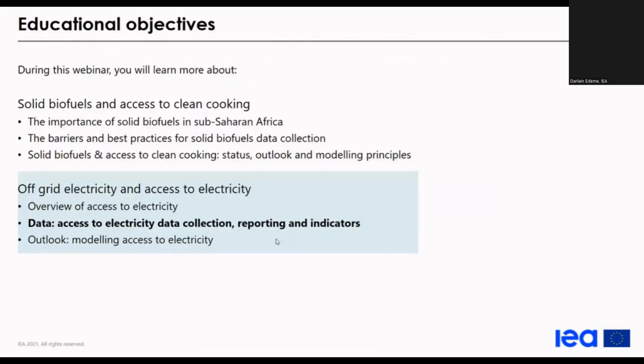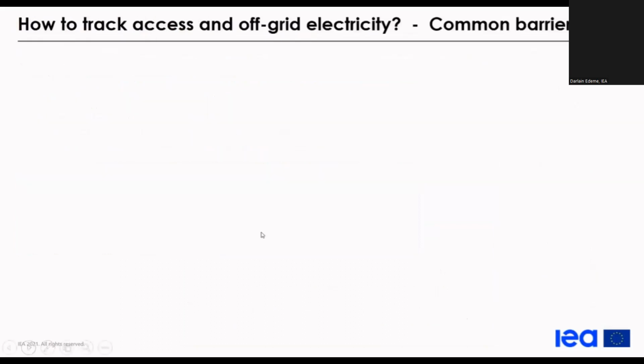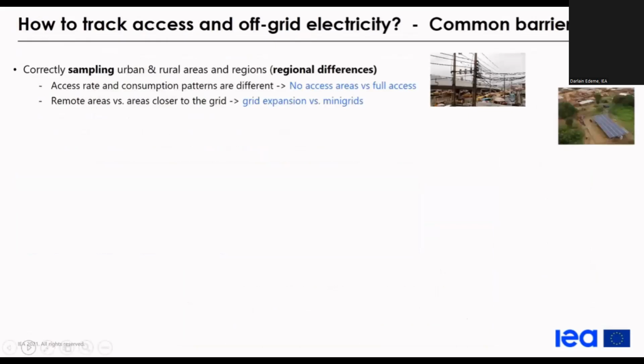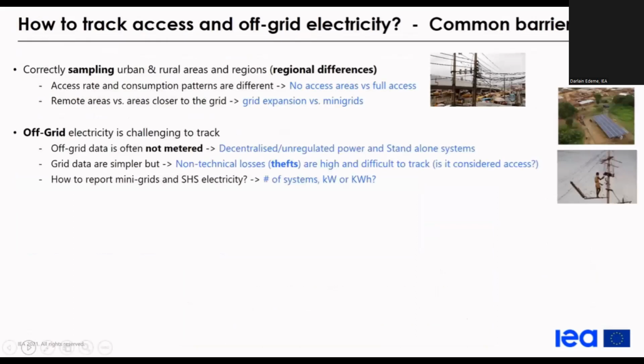We will now discuss data collection, reporting, and indicators for access to electricity. So first, there are many barriers and limitations to tracking access to electricity and off-grid. Some of them relate to survey and sampling techniques. Others relate to the off-grid sources of electricity, like mini grids or solar home systems, which, for example, are not metered or would present difficulties in giving some data in terms of capacity or electricity generation.